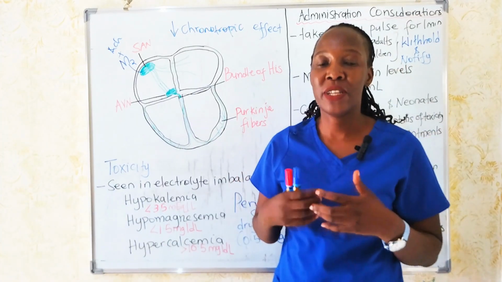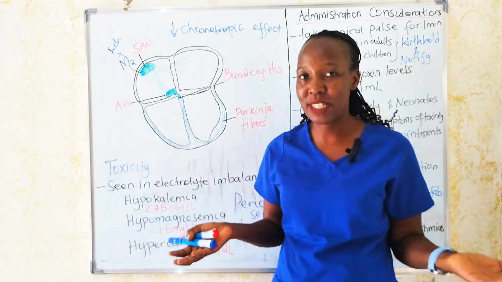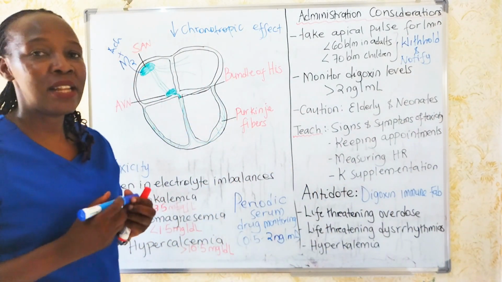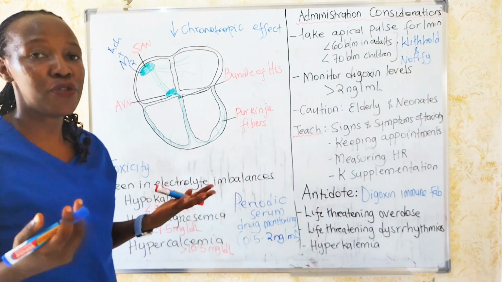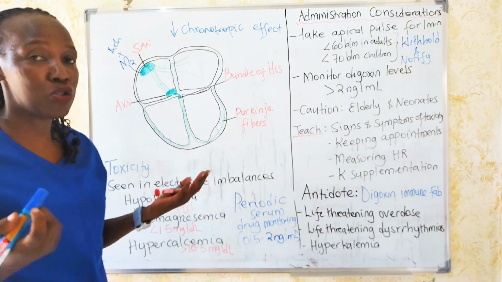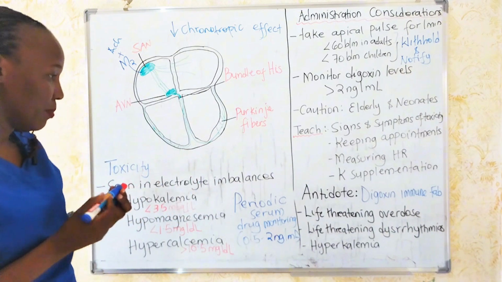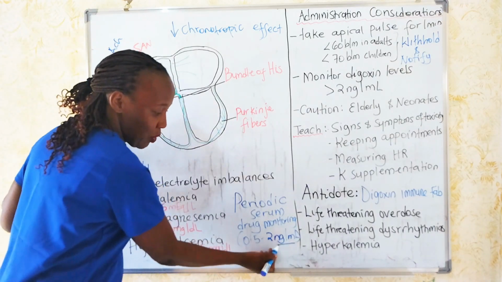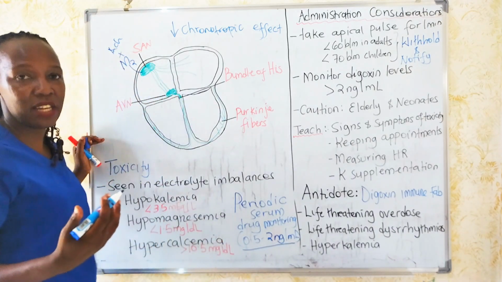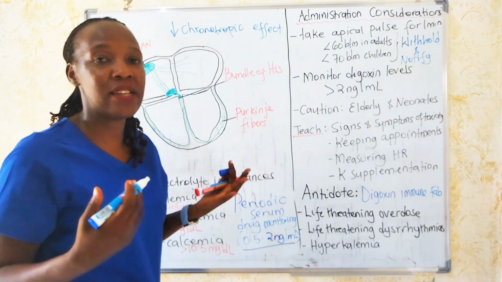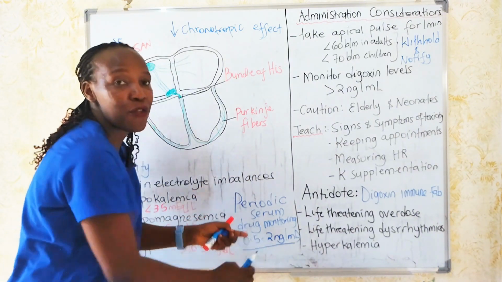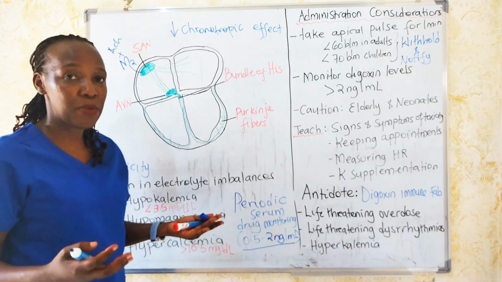Let's talk about the toxicity of digoxin. Digoxin toxic effects occur when the blood levels of digoxin go beyond 2 nanograms per mil. Okay, like we said, this is our normal or therapeutic level. When we give a client digoxin, the drug needs to be within this level for us to appreciate its therapeutic effects.